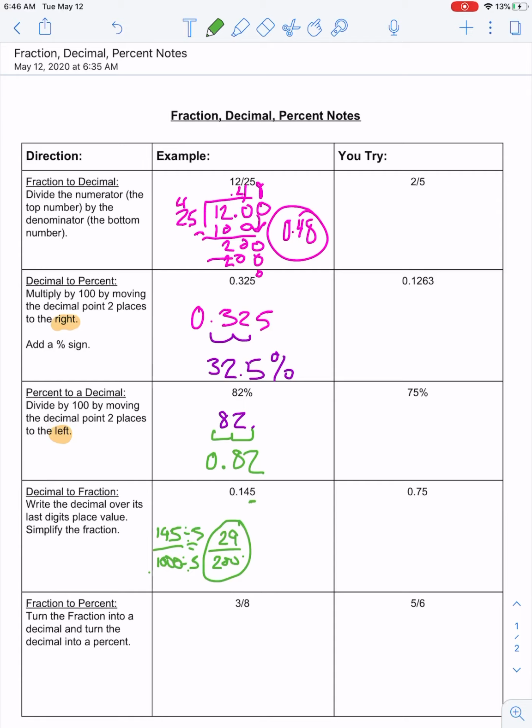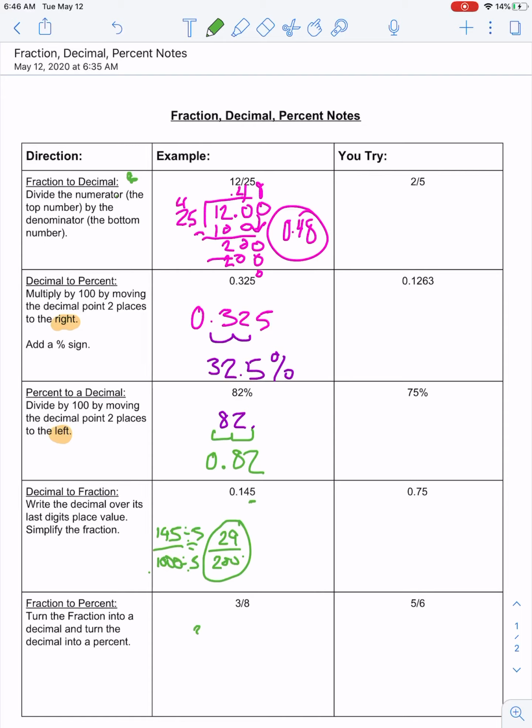And the last way that we're going to look at converting between fractions, decimals, and percents is going from a fraction to a percent. So first we have to turn the fraction into a decimal. So we have to go back up here, and that tells us to divide our numerator by the denominator.